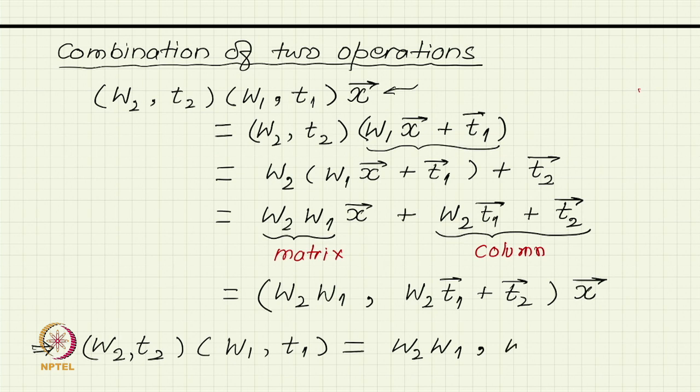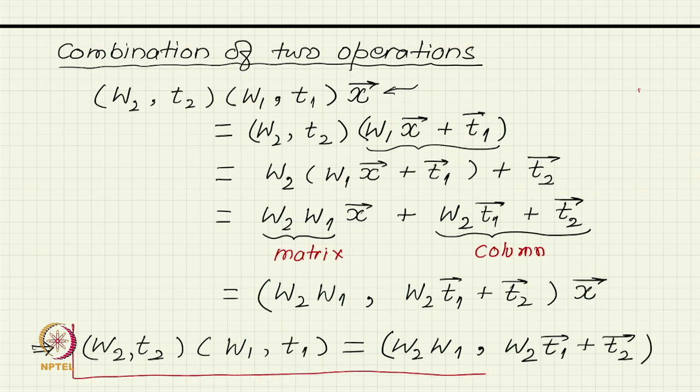Only the translation part gets complicated: the second matrix acts on the first translation plus the second translation, and that becomes the whole translation part. So, that is your combination of two Seitz operators.